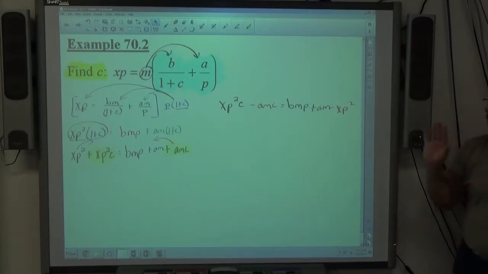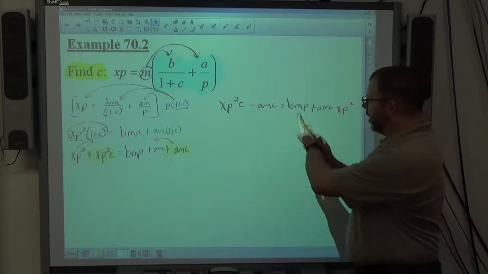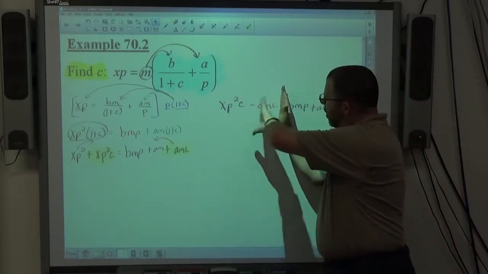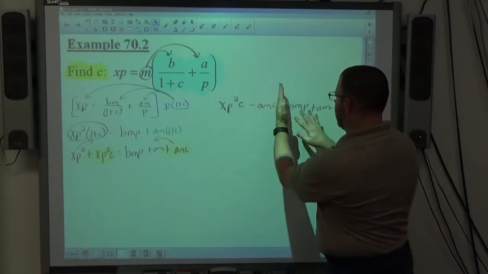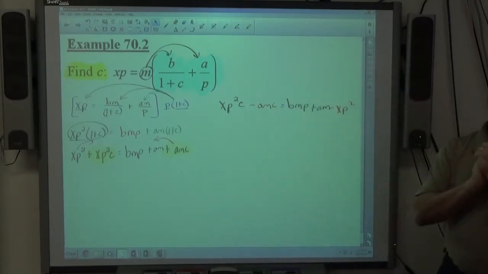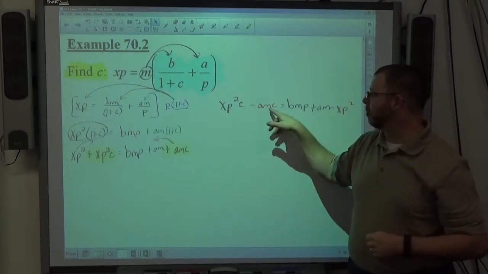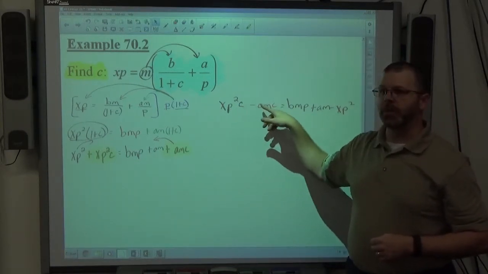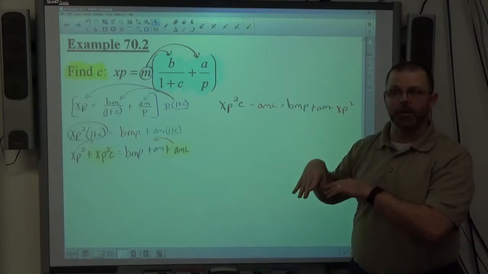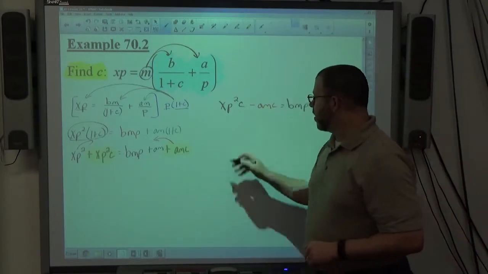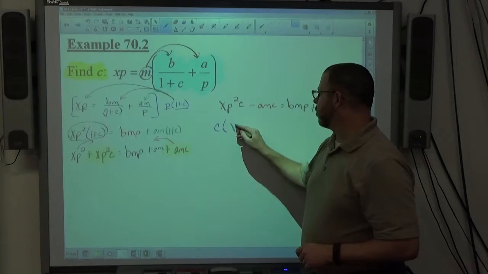Once I've done that isolation, everything on one side has C, what we're looking for. Everything on the other side doesn't have C. So now we've got our important people hanging out with some other people that are not quite so important, but they want to hang out with them, right? So then the important people say, hey, get away from us, not so important people.